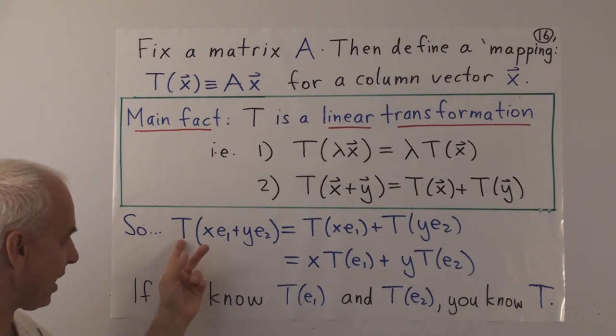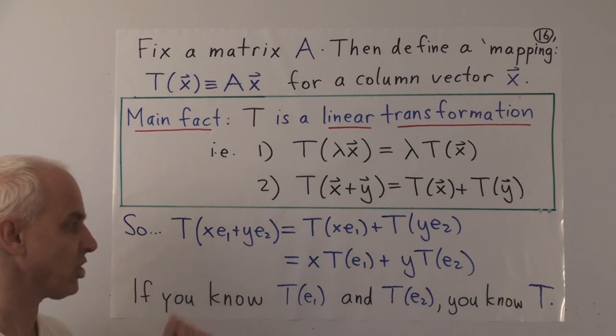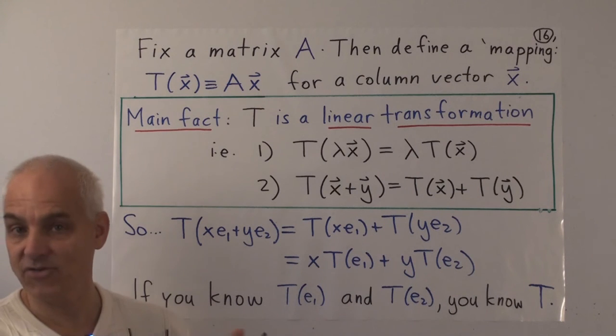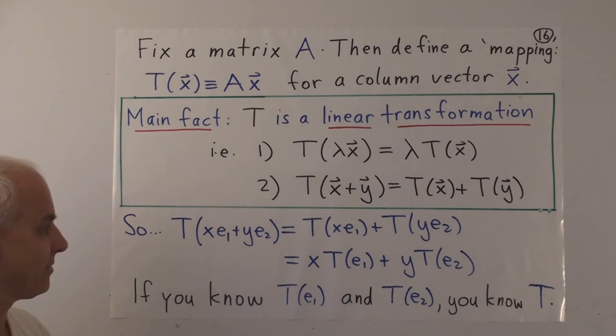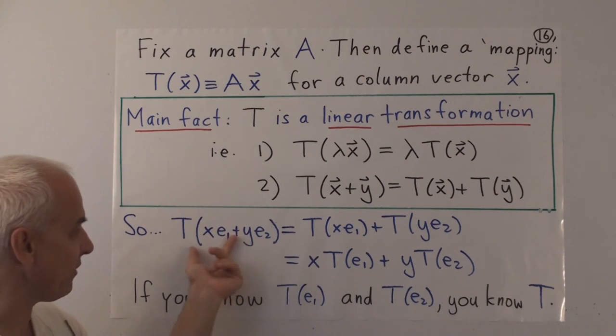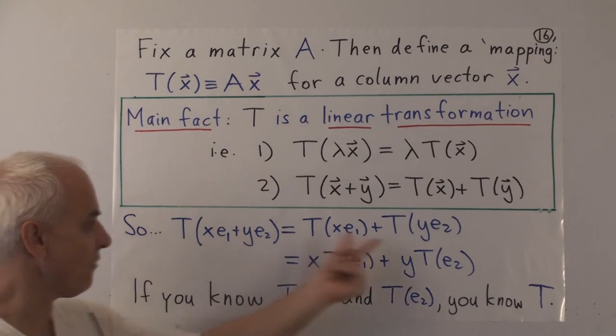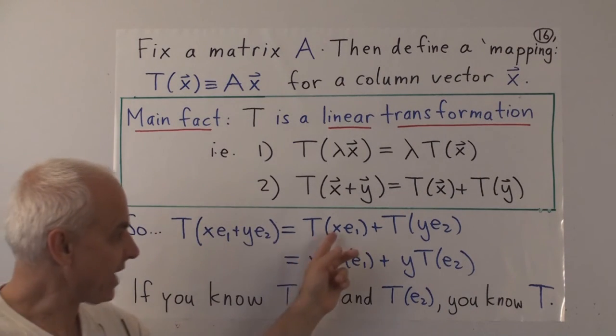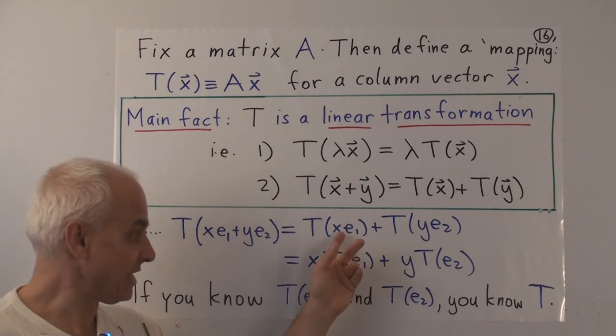Suppose we want to apply the transformation T to a combination x e1 plus y e2, where e1, e2 are perhaps our standard basis vectors. Then applying the second rule first, this is T of x e1 plus T of y e2. And then applying the first rule, the x and the y, which are just numbers, can come out.